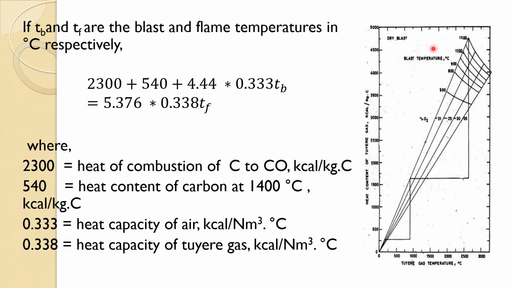That gives an idea how to control the flame temperature by changing these variables. And this is very important, the flame temperature for burning the coal and producing the reducing gases at the right temperature, which have to go up to the top. So, this is an important parameter.